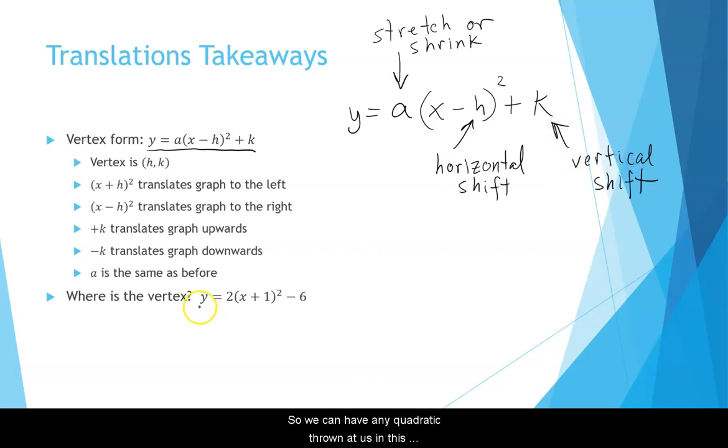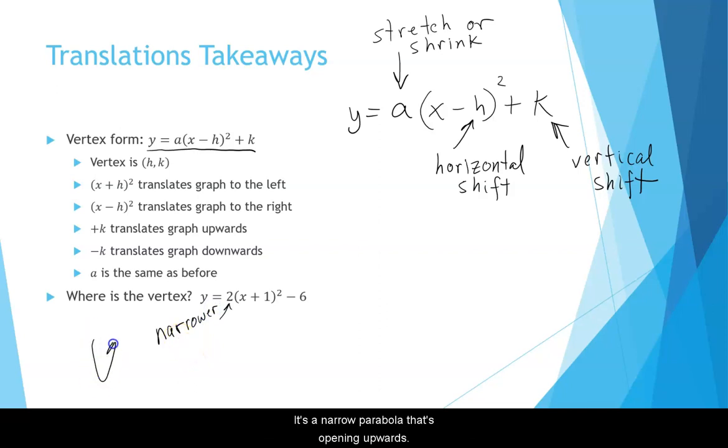So we can have any quadratic thrown at us in this form, and we can read the vertex right off. I can tell a lot of information from this equation. So to start with, I see that my parabola is scaled at a factor of 2. So that means it's going to be growing faster. It's going to appear narrower than my parent function. And it's also going to open upward, and I know that because that 2 is a positive.